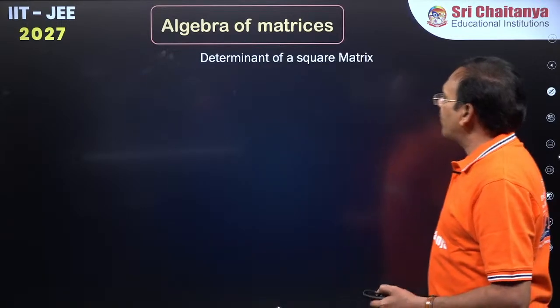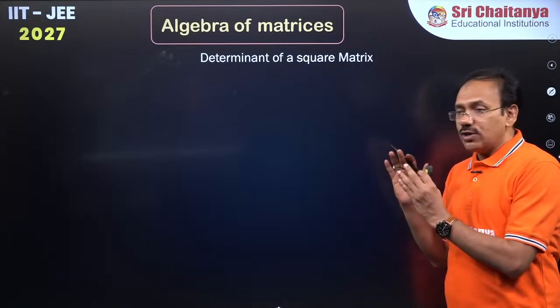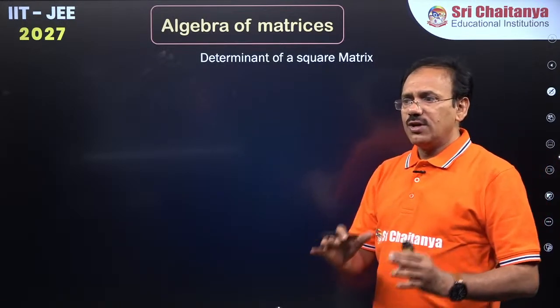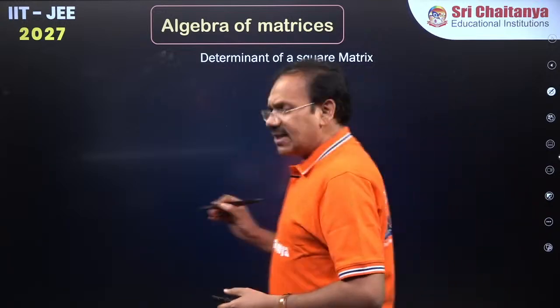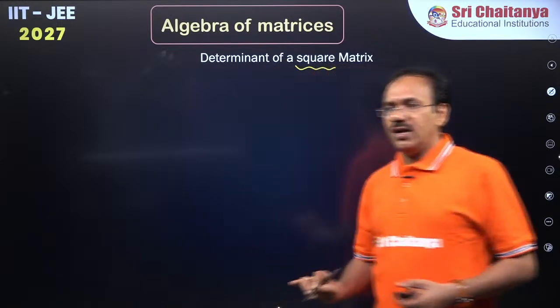Okay, friends, we are left with 11 minutes. I am going to introduce the determinant of a matrix, which is necessary for you. Determinant is defined for a square matrix only.